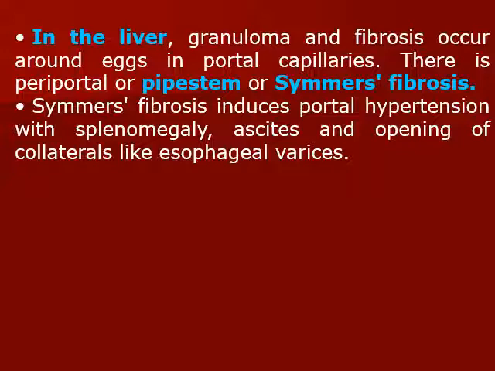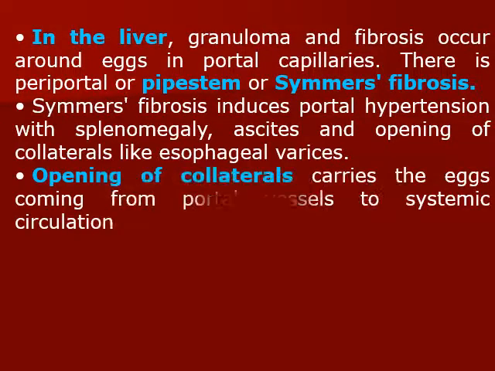Symmers' fibrosis induces portal hypertension with huge splenomegaly, then ascites, and opening of collaterals between portal and systemic circulations like esophageal varices or piles or whatever it occurs.